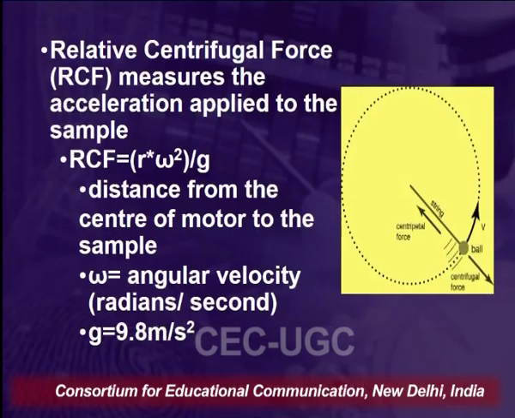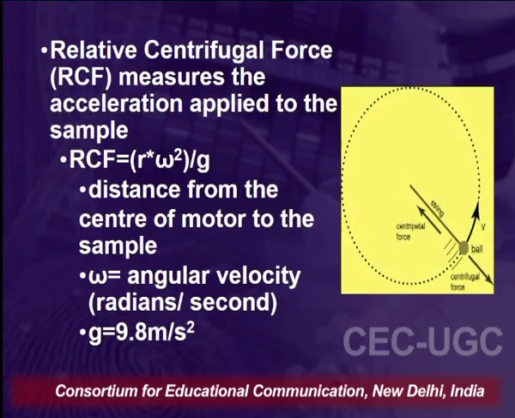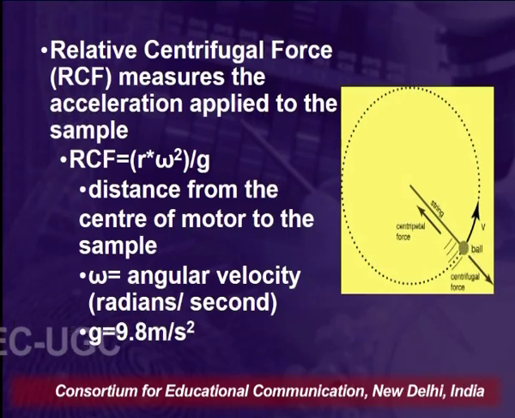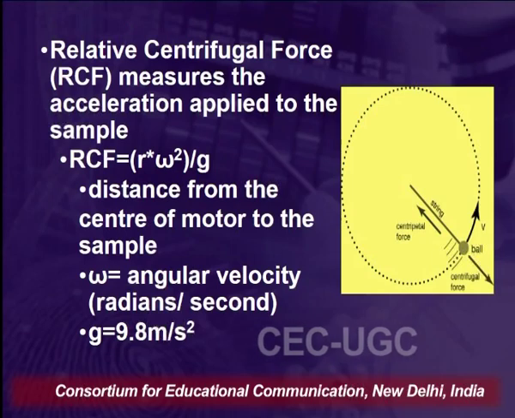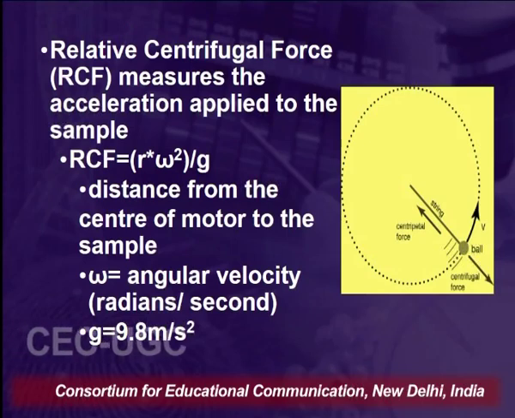The important thing the centrifuge works upon is RCF. What is RCF? It is the relative centrifugal force. It measures the acceleration applied to the sample. As you see in the diagram, we note the radius from the center till where our sample is placed.